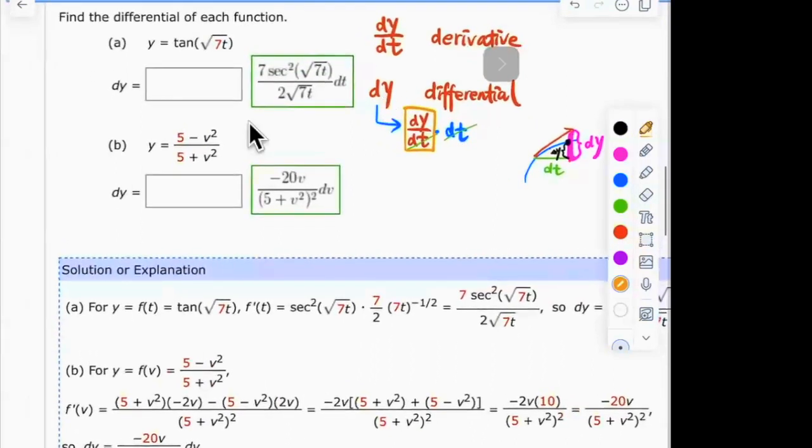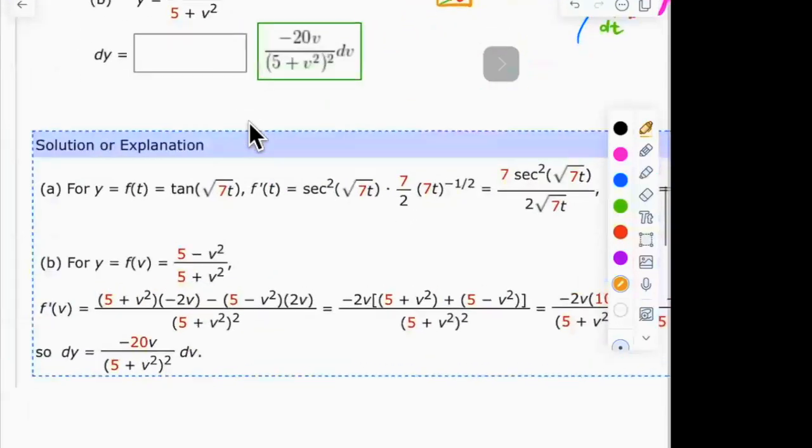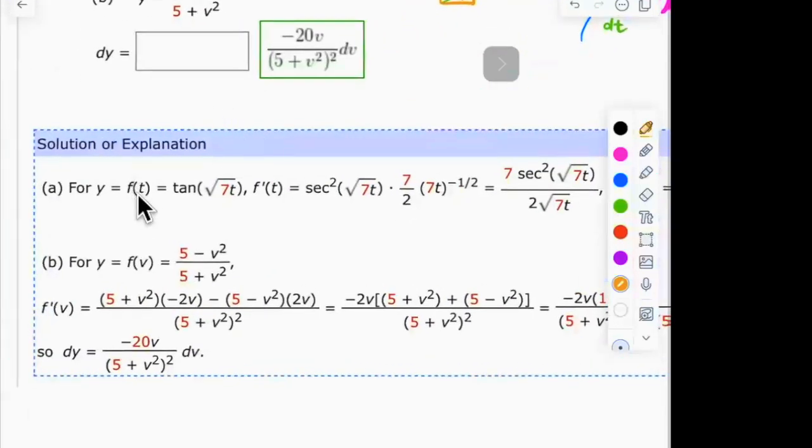So the first one, we have this function, the tangent of the square root of 7t. Let's take the derivative. This is the same as dy dt, the derivative of the function with respect to t. Now you have to use the chain rule.